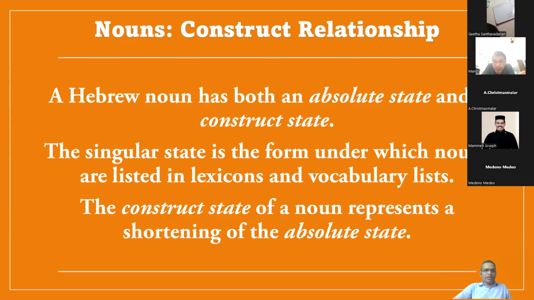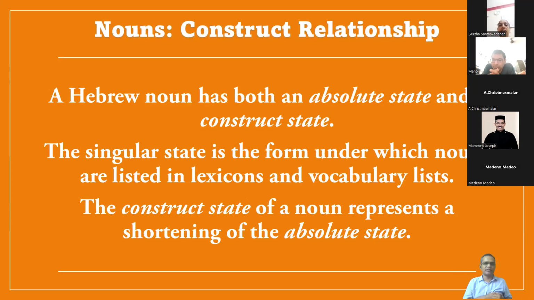Sometimes two nouns will appear together, but it may not be in the construct absolute relationship. For example, David Hamelech, David the king. David is a noun. Melech is also a noun, but they are not in construct absolute state.